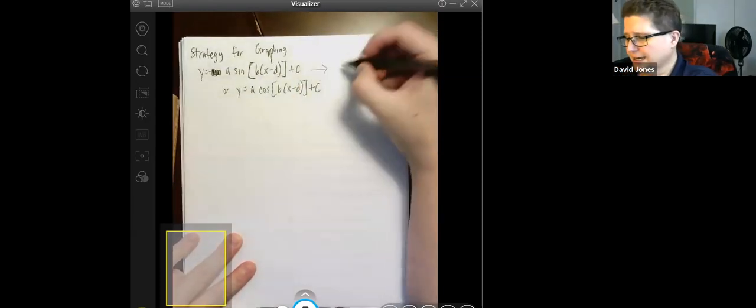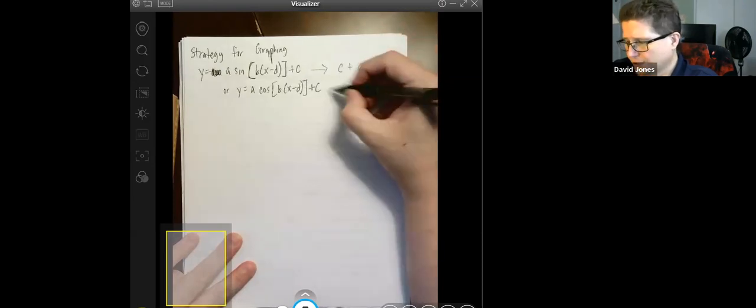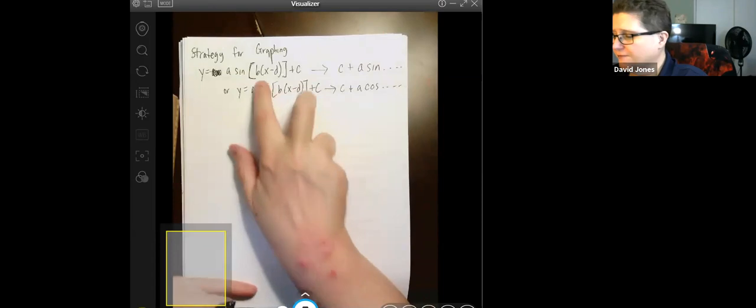Sometimes you'll see this as c plus a sine or c plus a cosine. And the reason why they do that is it helps eliminate any confusion. You really should put the stuff for the angle for the trig functions in parentheses or brackets.